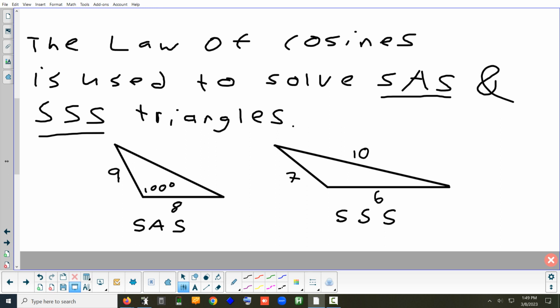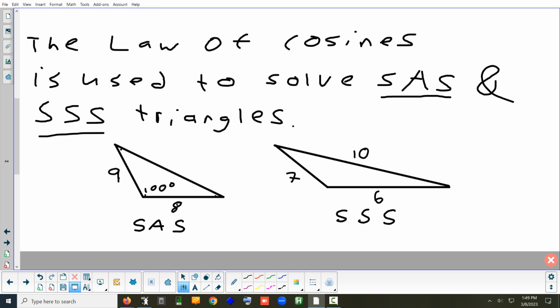What makes it an SAS triangle is you know 2 sides, and you know the angle that's between the sides. That complicates it because you don't know a side and something opposite. You know this side, but you don't know what's opposite. You know this side, but you don't know what's opposite. And you know this angle, but you don't know what's opposite. You don't have anything opposite.